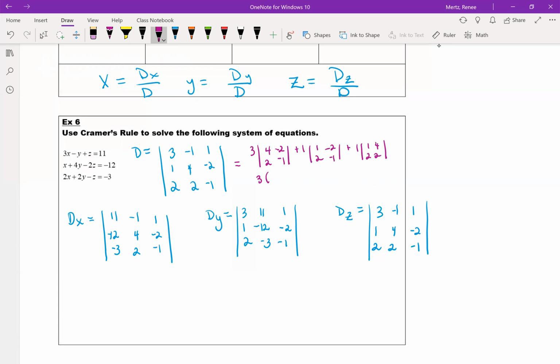So 3 times negative 4 plus 4, plus 1 times negative 1 plus 4, plus 1 times 2 minus 8. So for my first one, I have 3 times 0 plus 1 times 3 plus 1 times negative 6. So for D, I have negative 3. So D is negative 3.